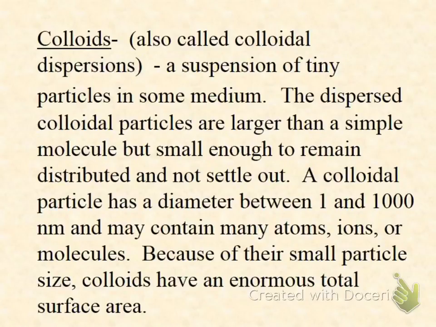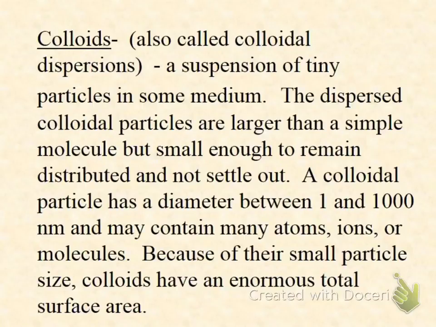Colloids. Colloids are, remember from when we did types of matter, a heterogeneous mixture. They're basically those medium-sized particles that don't settle out like in a suspension, but they're too big to be a solution, and so they're dispersed throughout the colloid.